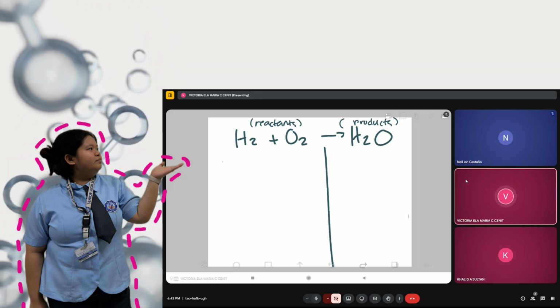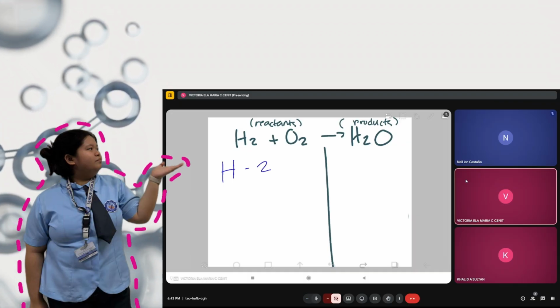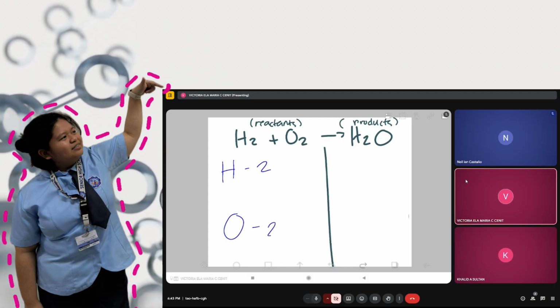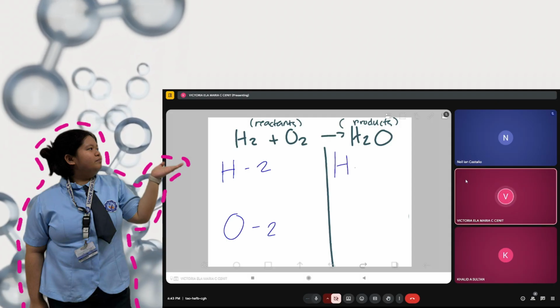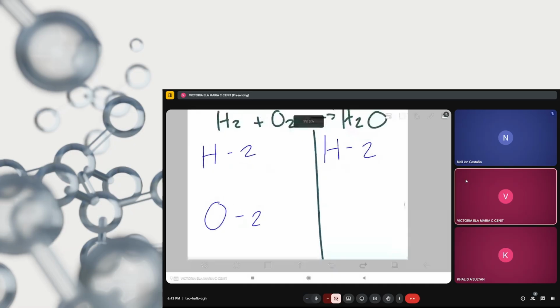So for reactants, for hydrogen, we have 2, and 2 also for oxygen. And for products, we also have 2 for hydrogen and 1 for oxygen.